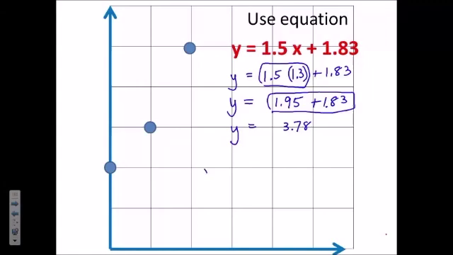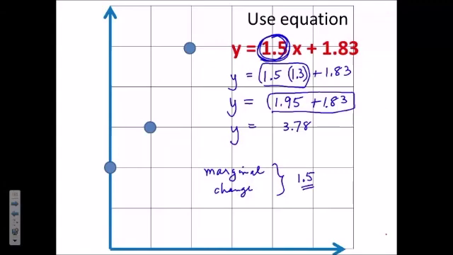And then to get the marginal change, the marginal change would simply be the slope of the line, 1.5. So the slope of the line gives you the value of the marginal change.